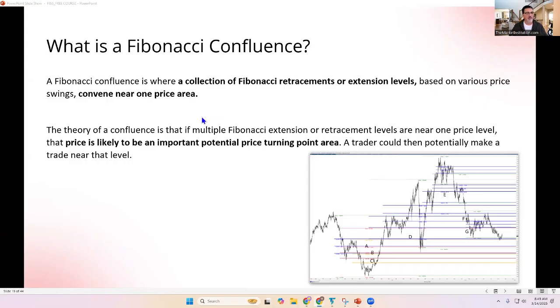The theory of confluence is that when multiple Fibonacci extension and retracement levels are at and near one price level, price will likely have an important potential turning point. A trader can then use that potentiality to make a trade and manage risk near that level.